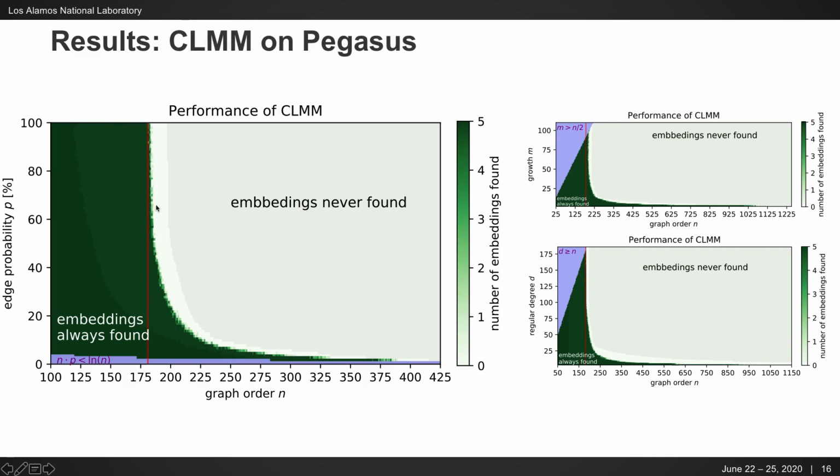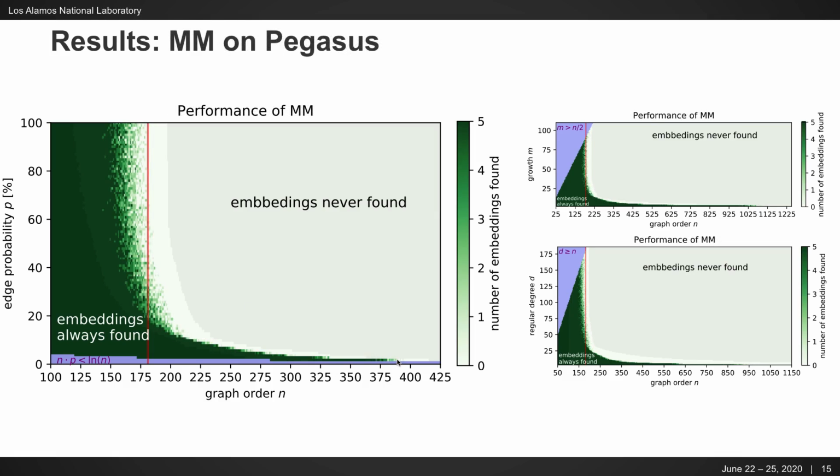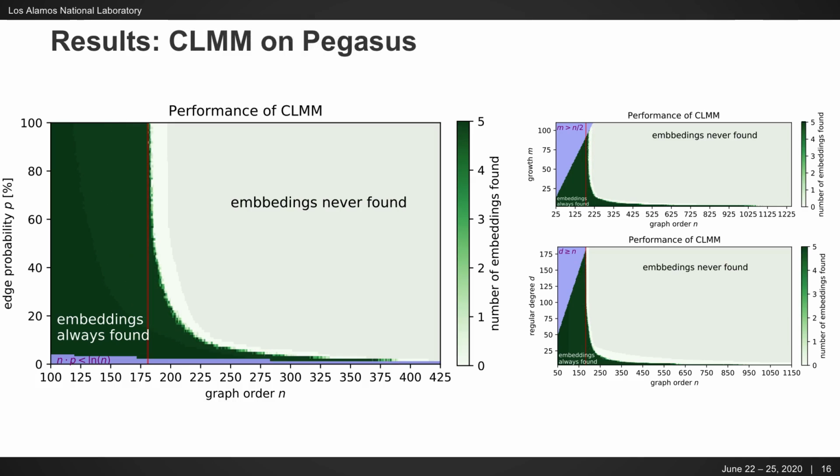As we can see, we have a huge improvement here for dense graphs, and we were able to go beyond this known clique embeddings. But if you look closely, we made things slightly worse on sparse graphs.